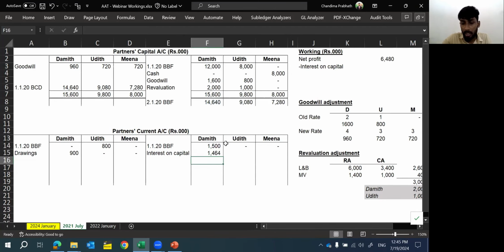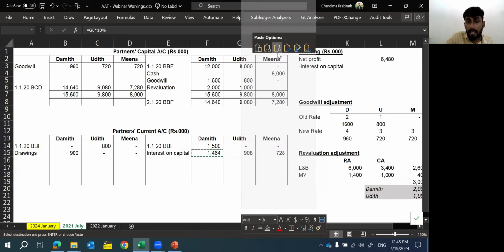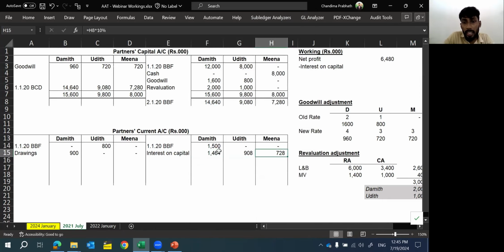Likewise, I am getting the interest on capital. So let's check all together. How much is the interest on capital here? You can see the total. The total interest on capital is 3,100.